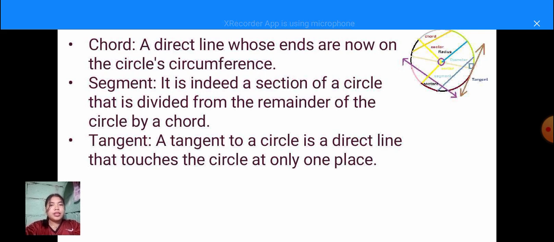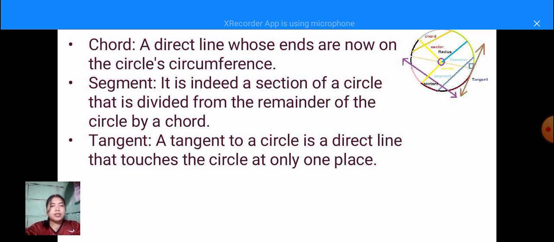For chord, a direct line whose ends are on the circle's circumference. For segment, it is a section of a circle that is divided from the remainder of the circle by a chord.